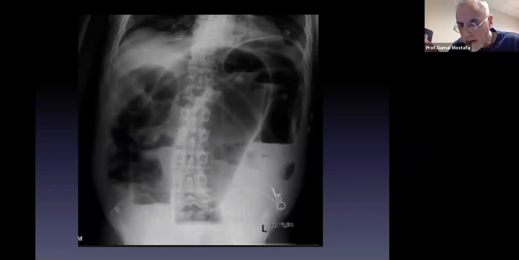This person is getting a loop sigmoid colostomy. Do you know why? Because 3 months later, I'm going to take this whole thing, the anus and the anal canal, and I've already done half of the operation. He already has a colostomy. It's perfect.